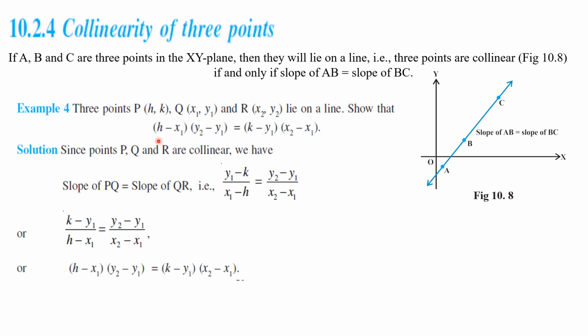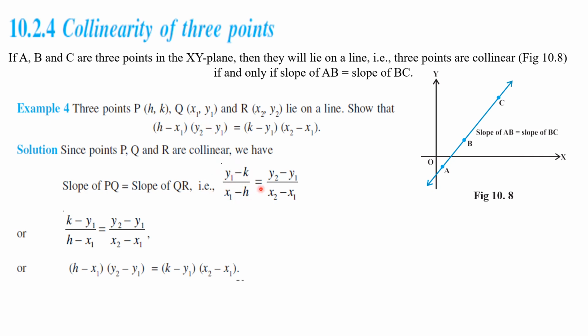We have to prove this condition. Okay, my children. Now come to the solution part. Since the 3 points are collinear, we have slope of PQ is equal to slope of QR, as we have discussed. If 3 points are collinear, the slope of the first line is equal to the slope of the second line. So that is y1 minus k by x1 minus h.